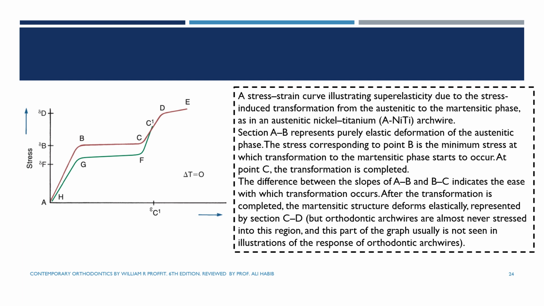This stress-strain curve shows the curve of the austenite or A-NiTi wires. You can say we start at the A phase until it reaches a certain level of force. When we apply that level of force, the wire deforms into the martensite phase and completes it at the C point.